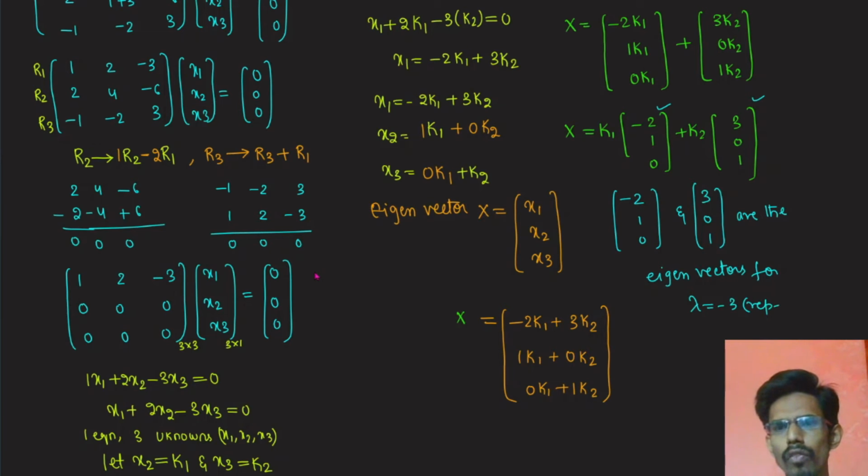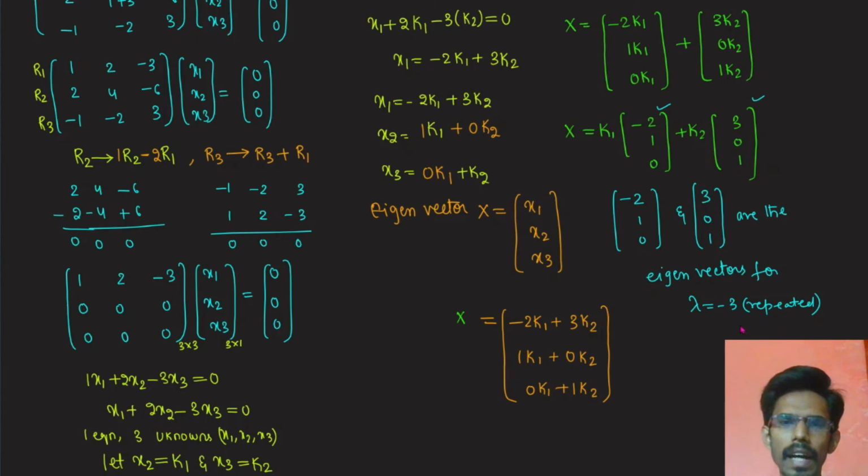Repeated roots, -3 is repeated twice. So we got two eigenvectors from a single equation. Here this vector is a linear combination of two vectors. So we got the two eigenvectors corresponding to lambda equal to -3.